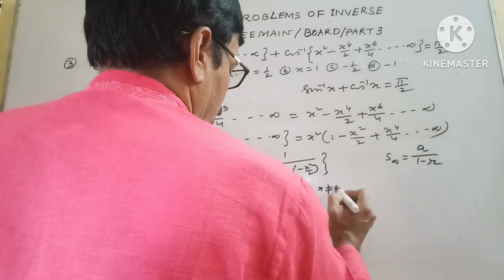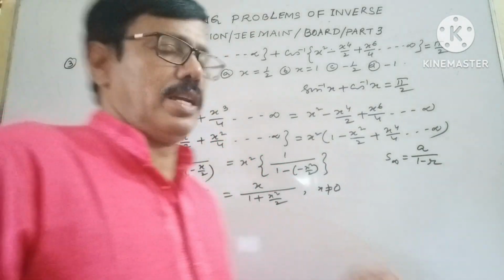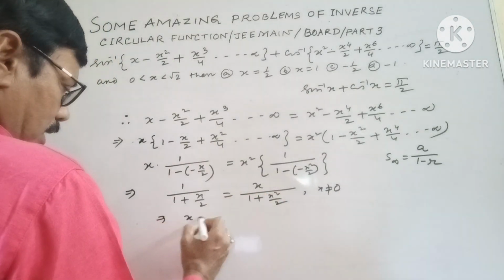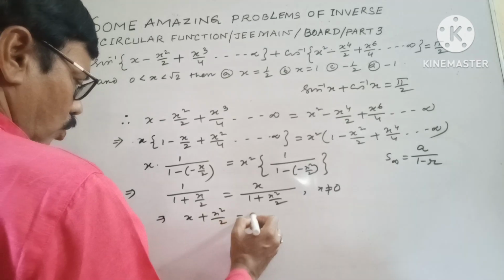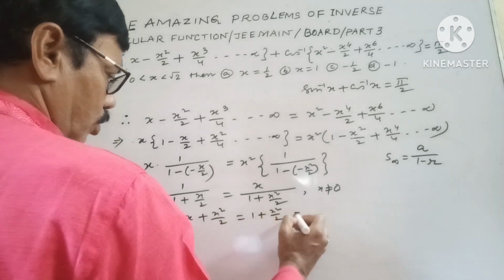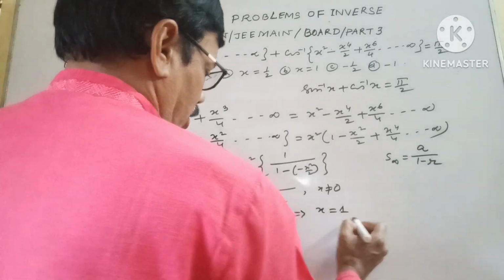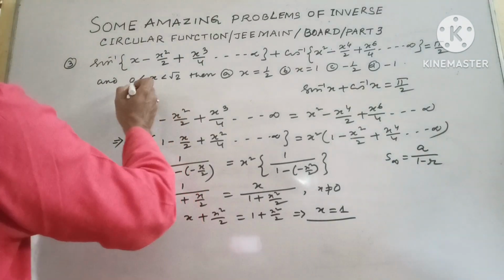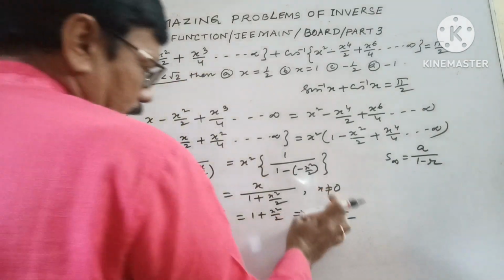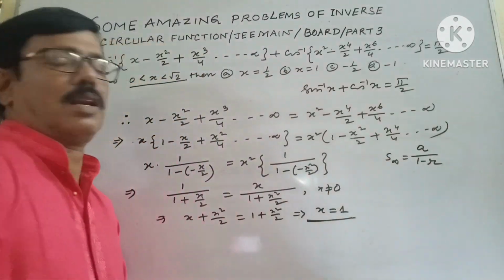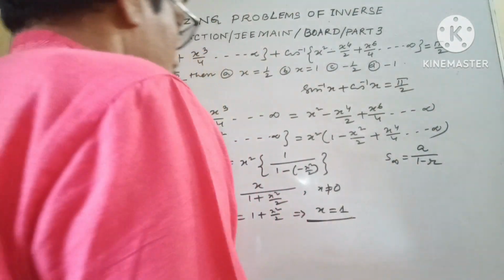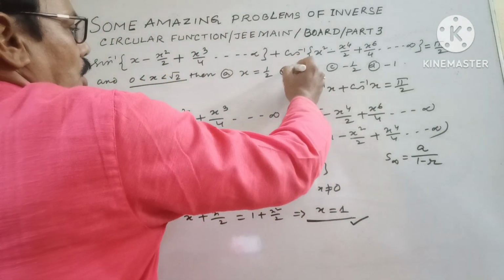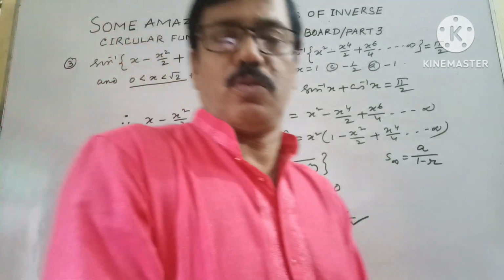Multiplying through, this implies x equals 1. What is the restriction on x? 0 to root 2, so 1 lies inside the interval. So we get the solution x equals 1. So option B is x equals 1.